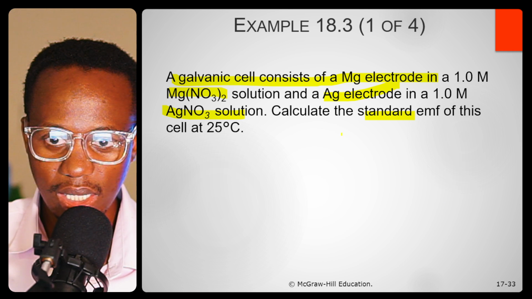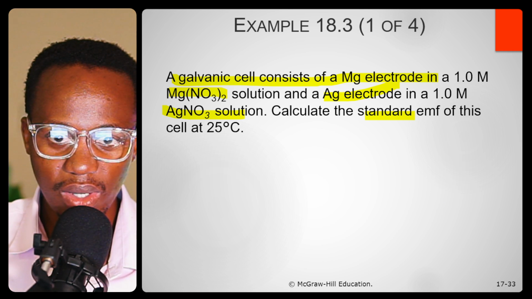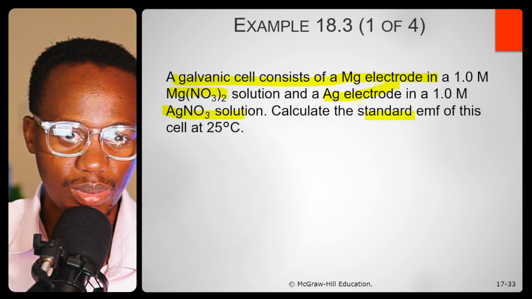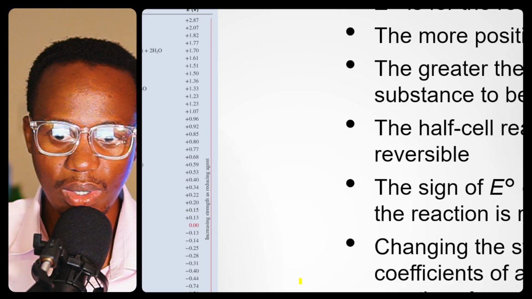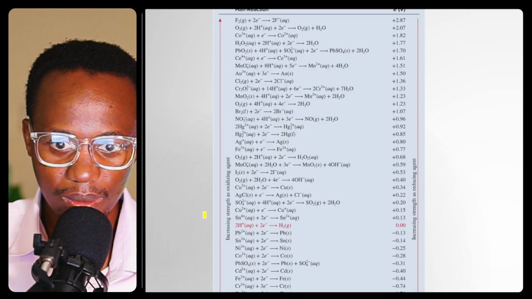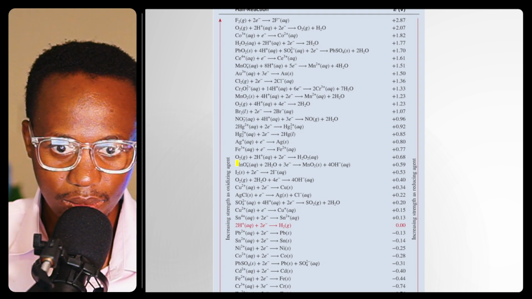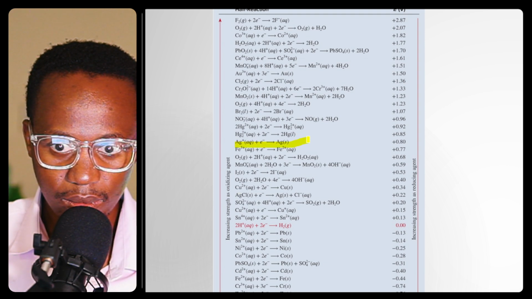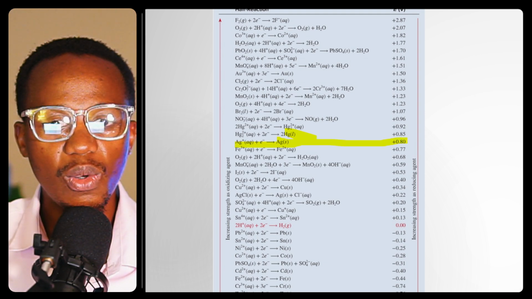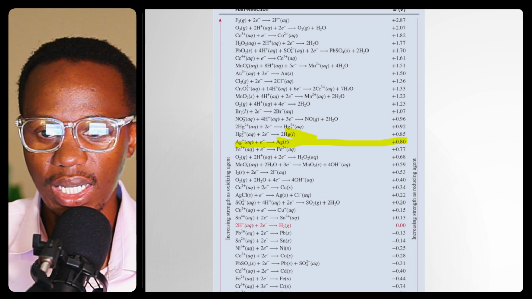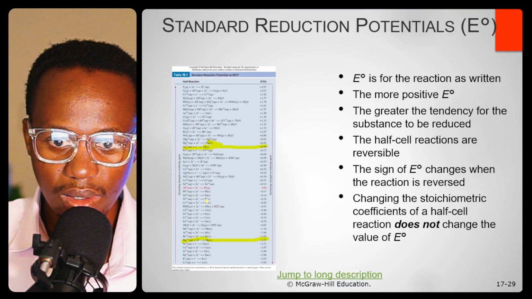The other one is, so we have magnesium, and then we have Ag to Ag+. I was just looking at that. Okay, Ag+ to Ag becomes 0.8, right? So one is 0.8, the other one is negative 2.37.